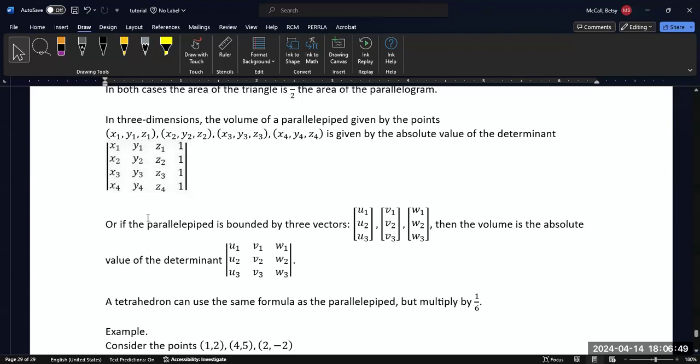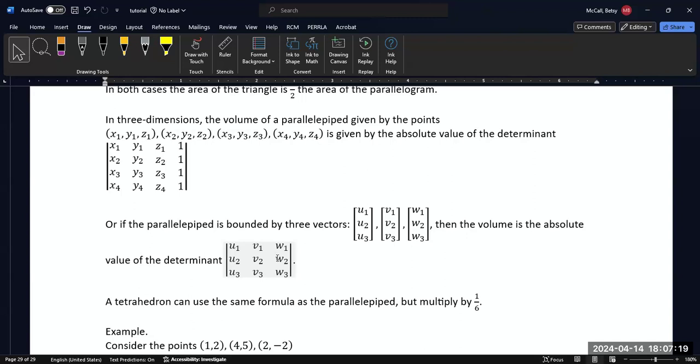If you have your parallelepiped bounded by 3 vectors, so again, we've already done the differencing between our coordinate pairs of points, then you don't need the row of ones or the column of ones. You can just put your vectors into a 3x3 determinant and calculate the volume that way. Now, what's nice is in a 3-dimensional case, if you cut off your parallelepiped, you get a tetrahedron.